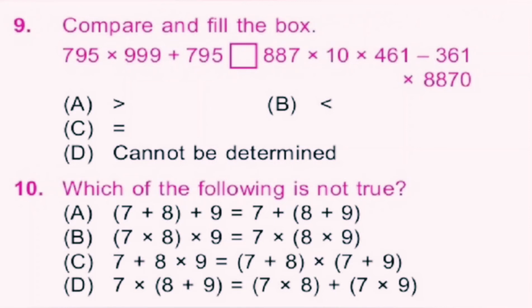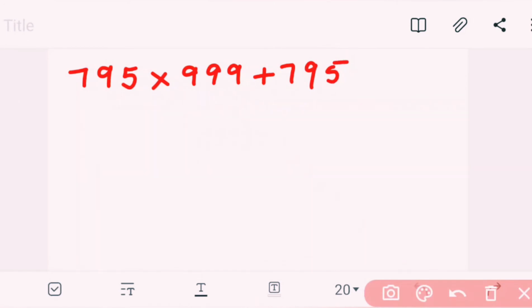Let's solve the left hand side first. Left hand side is 795 into 999 plus 795. So first we take 795 as common.